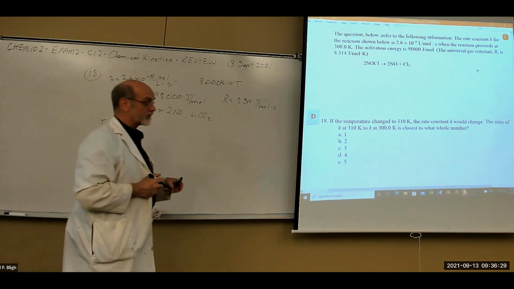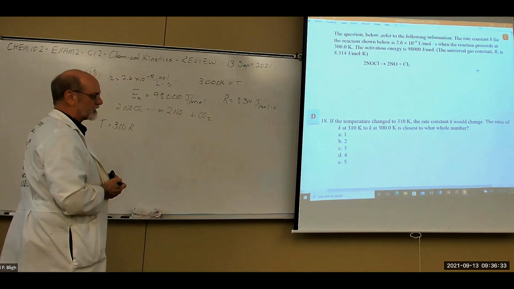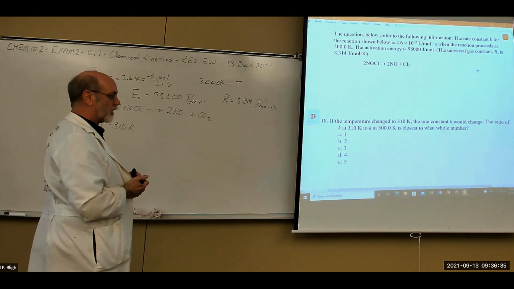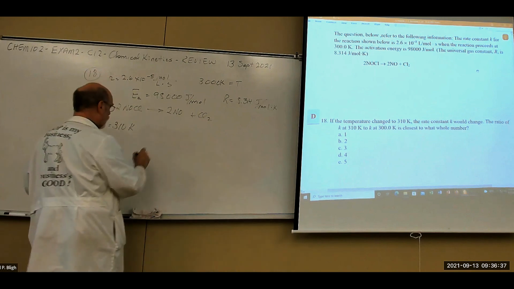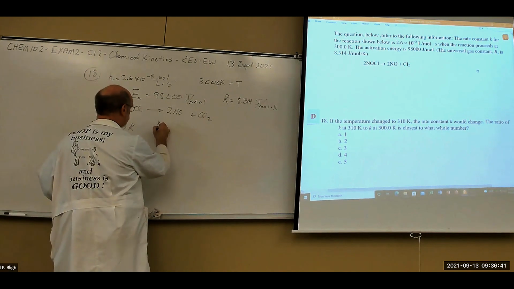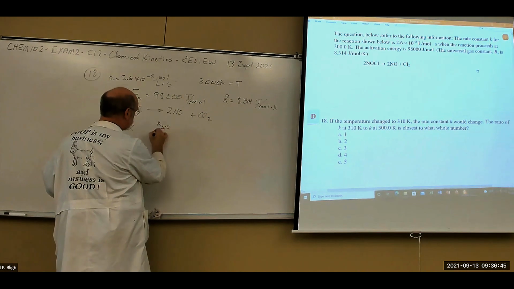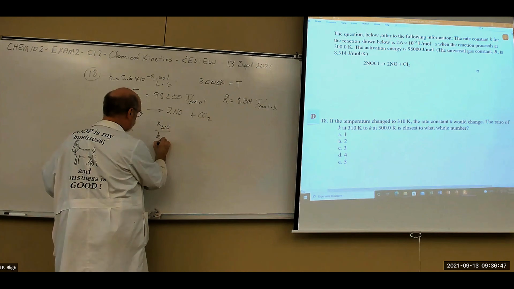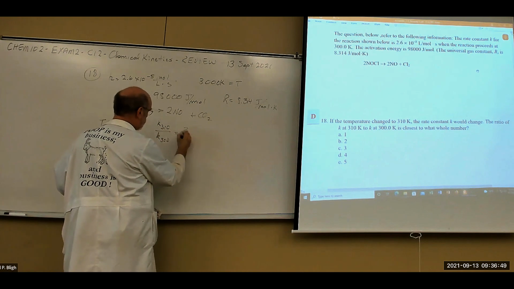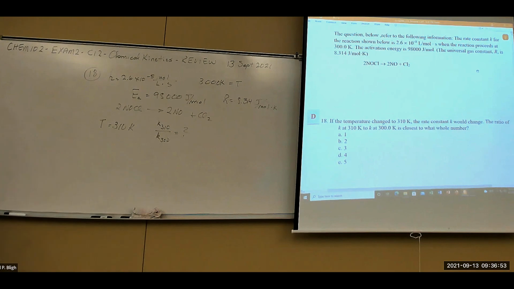Well, obviously. The ratio of k at 310 to k at 300 is closest to what whole number? So we're looking for the ratio. What is the ratio of k at 310 to k at 300? That's the question.